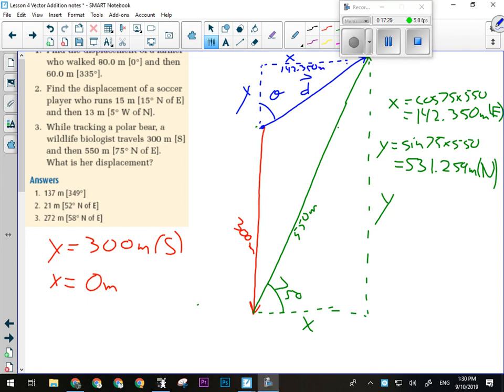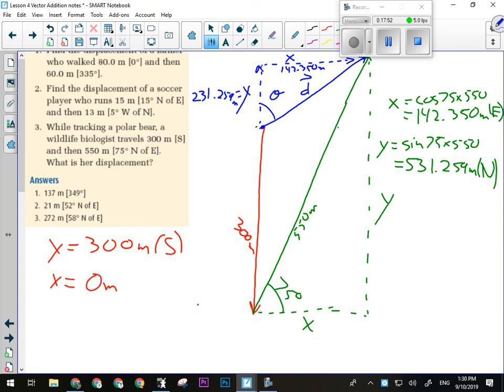And then for the y, I go 300 meters south, then I go 531.259 meters back north, so the difference is blue y. So that'll be 231.259 meters, and that's north. Everybody follow what I did there?